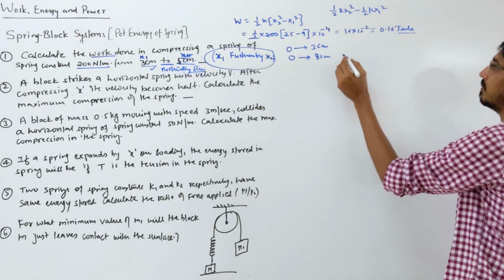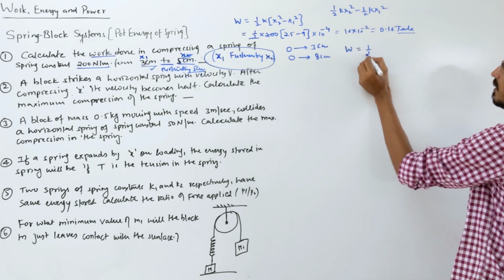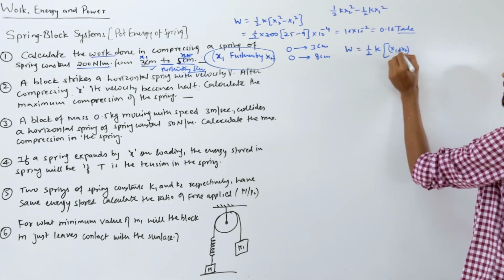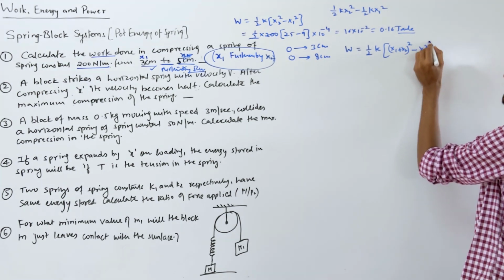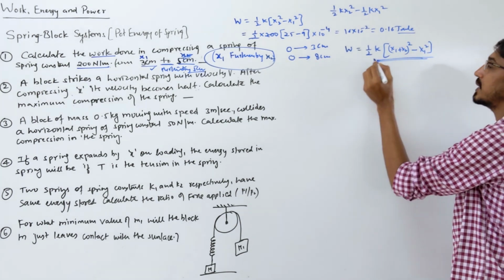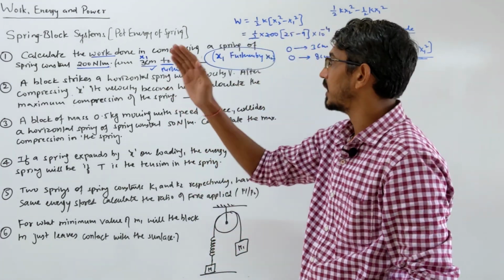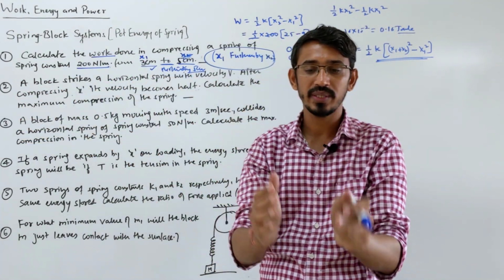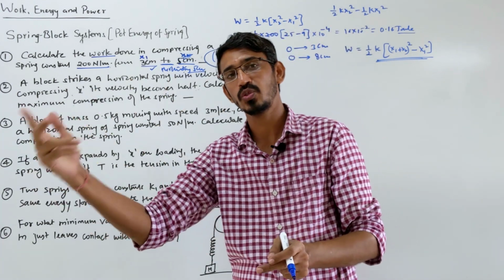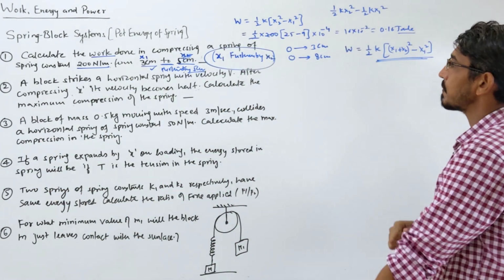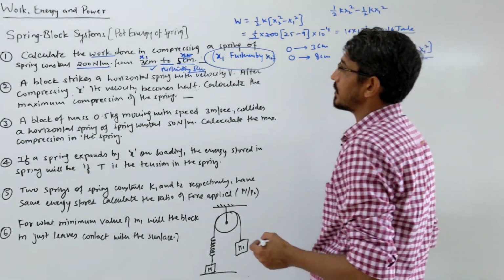Then the work done will be half K, x1 plus x2 square minus x1 square. Hope you understand. This is very important, should not go wrong. You want to go from x1 to x2 in one case, or you are at x1 and want to compress further by x2, and that will come that way. Okay, let's see the next question.